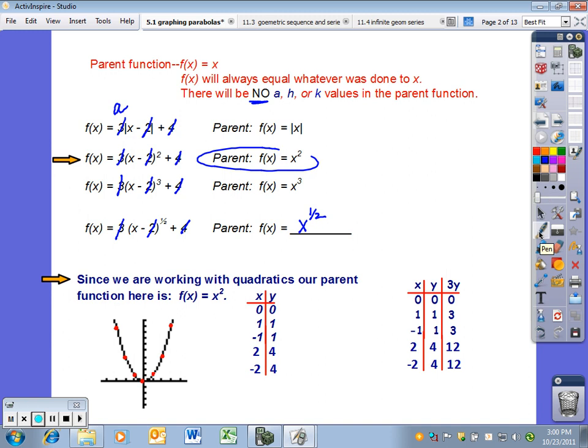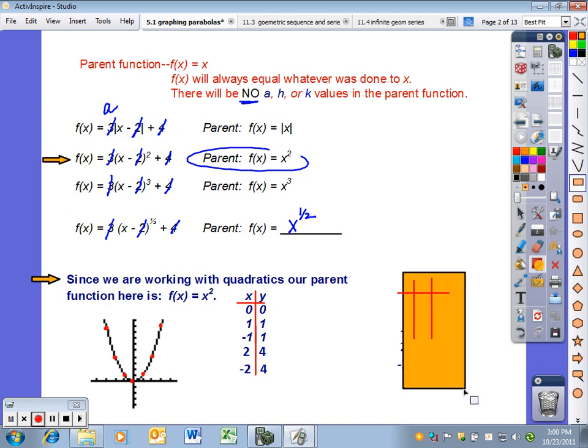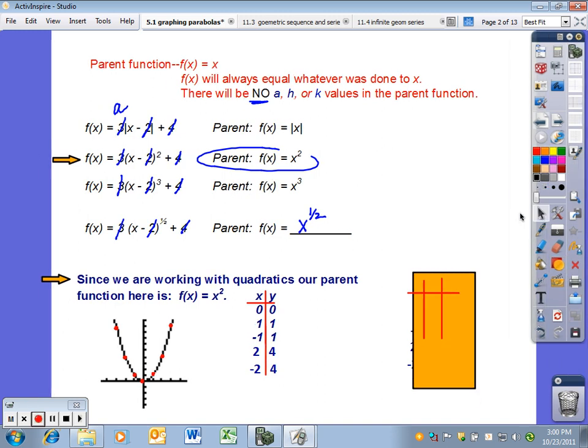So when we're looking at that, we want to again examine this graph. We had a vertex of 0, 0. Then we had the point 1, 1. Symmetrically, we had negative 1, 1. We had 2, 4. Symmetrically, we would have negative 2, 4. If we wanted to keep going, we had 3, 9.